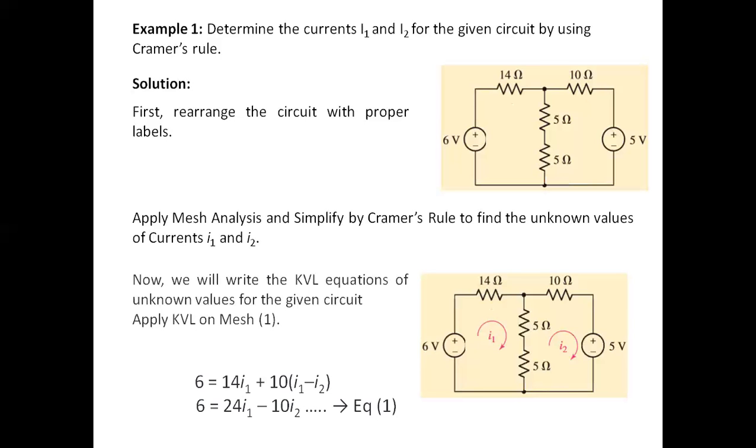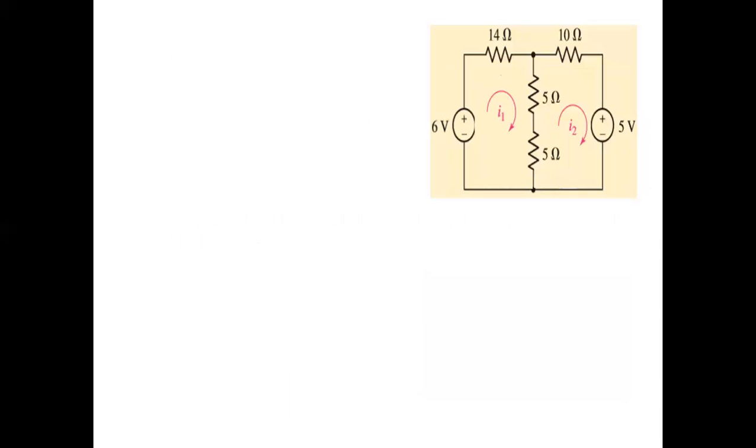Similarly, you have to apply KVL for mesh 2. We will get another equation. The same circuit is repeated here for writing the expression. So we need to apply KVL for mesh 2. What will you get here? Simple, right? Minus 5, you can take in the direction. Minus 5 plus 10 I2 plus 10 (I2 minus I1) equals 0.